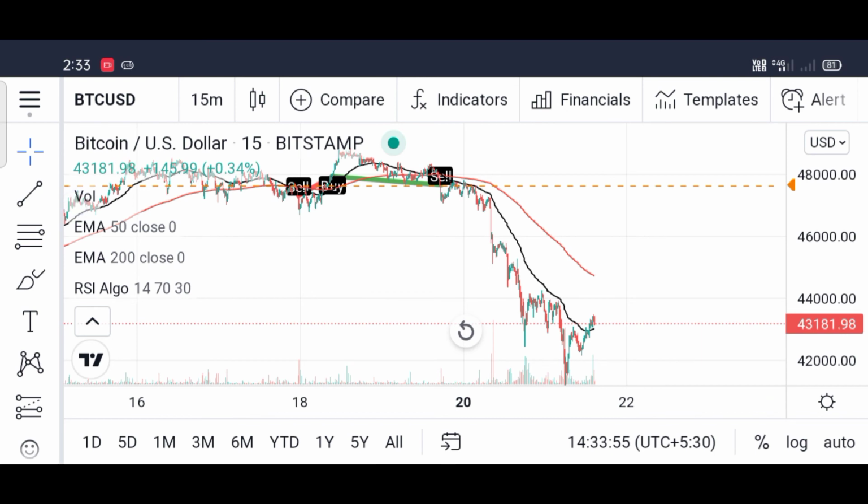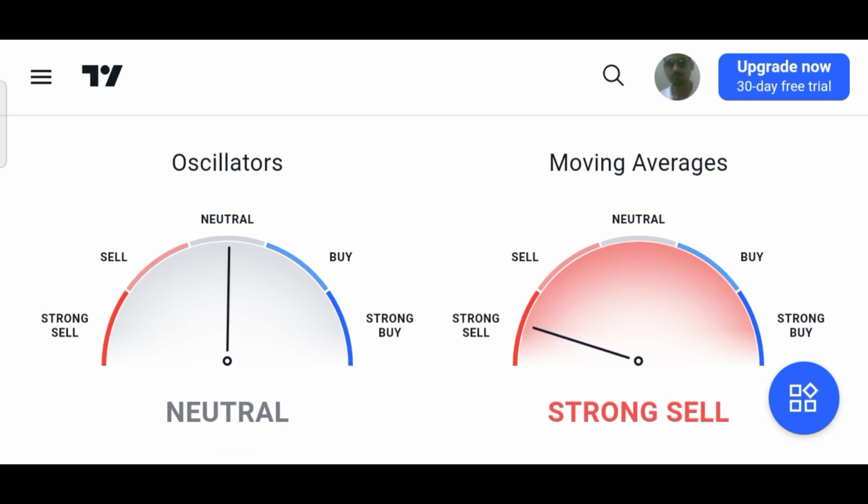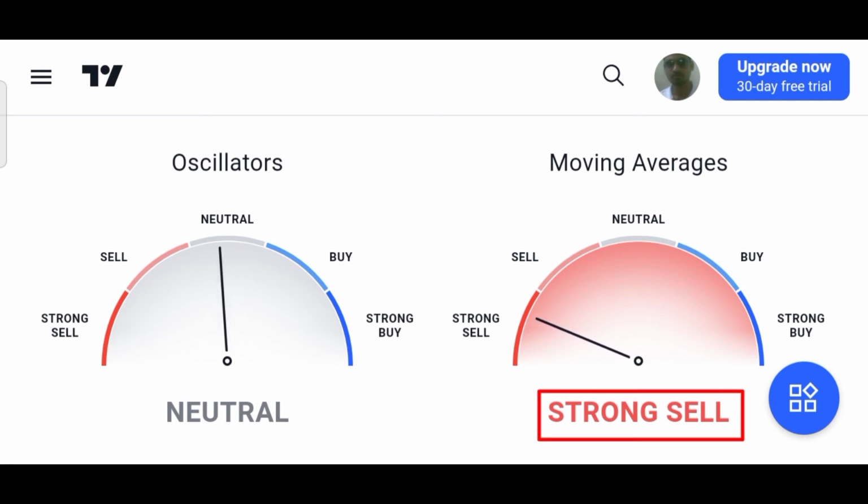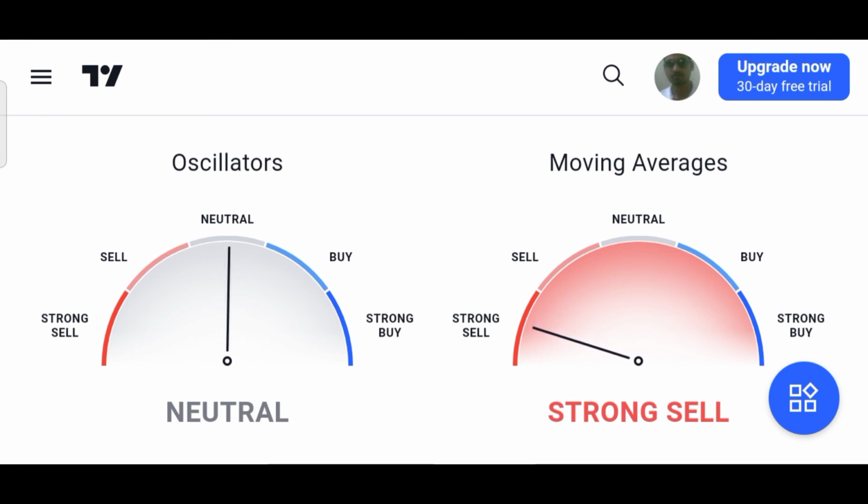Similarly, to sell asset, we should find first strong buy indicator from here. Then after, go to chart, and when we find recent sell signal, then we can sell our asset. Okay, by this method we can minimize risk of loss.